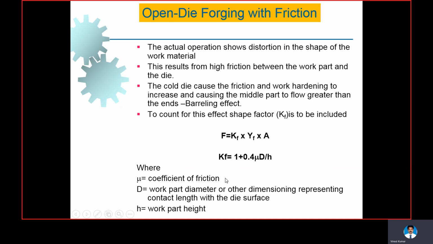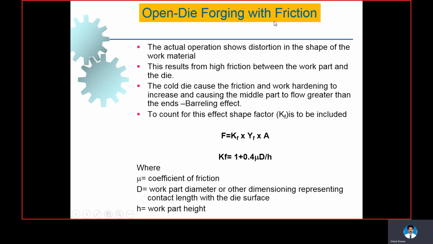Now, we need to take into account the shape of the final finished product in open die forging with friction. In the ideal case, the equation to calculate force is simply F equals stress times area.